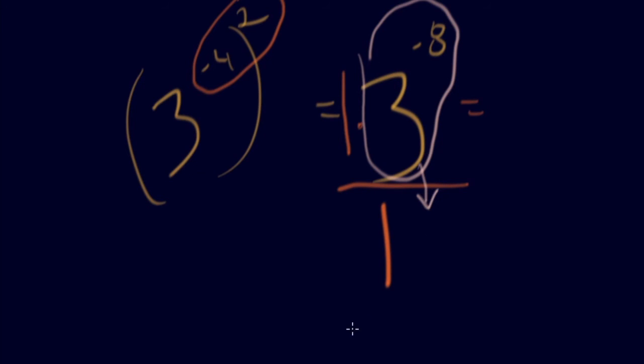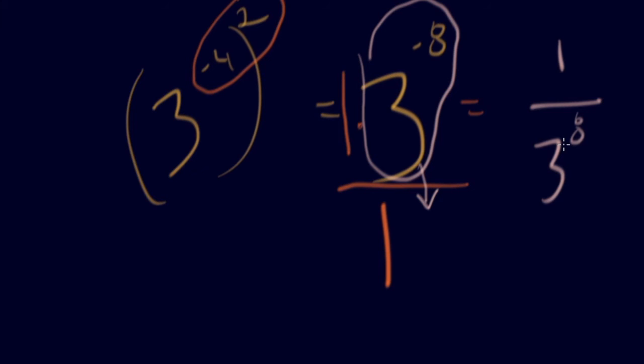That's what I'm doing. I'm just moving that down. So that 1 is still there. And that's going to leave me with 1 over 3 to the power of 8. And I'm not going to do 3 to the power of 8 because that's crazy. Okay, so that's pretty important. That's a good tricky one to be looking at.